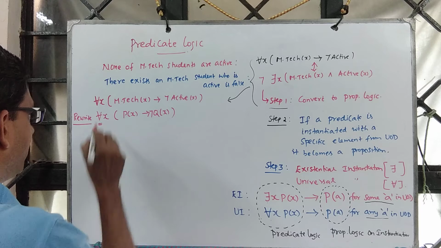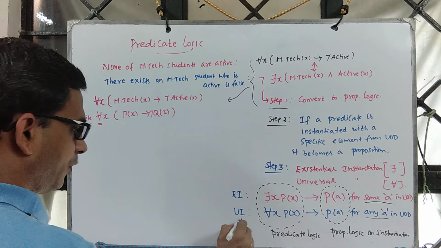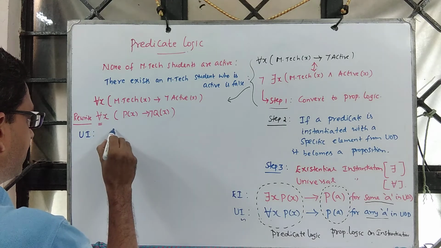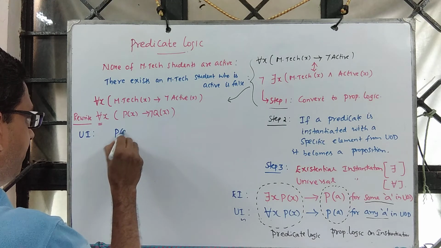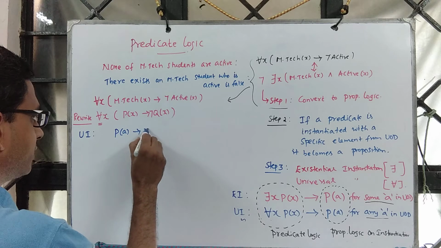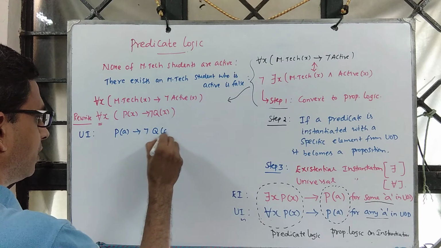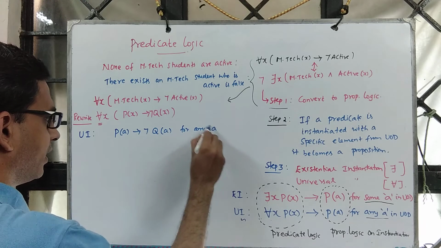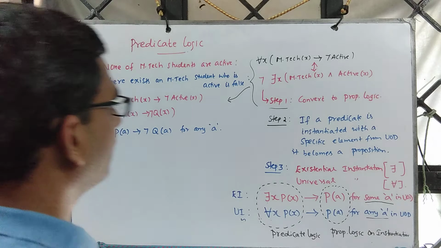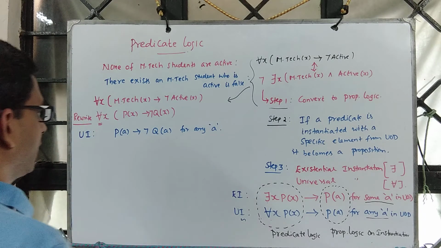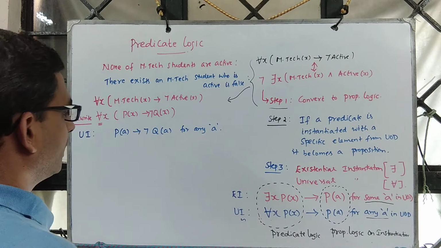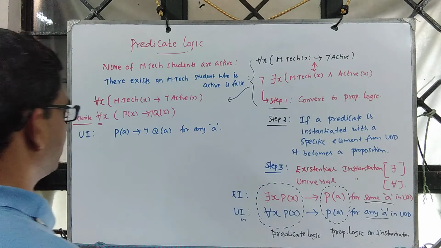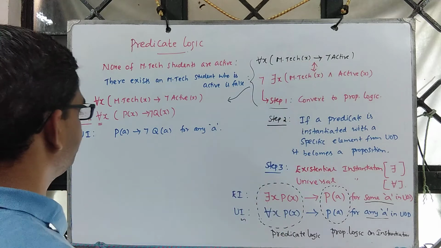Now this being a universal quantifier, when you perform universal instantiation, it becomes P of a implies negation Q of a for any a. This is what we have. Now I need to simplify this and arrive at the other expression. Only then are these two equivalent.